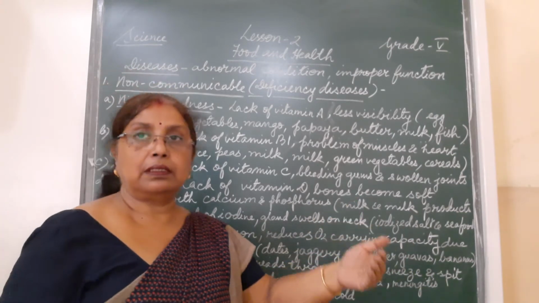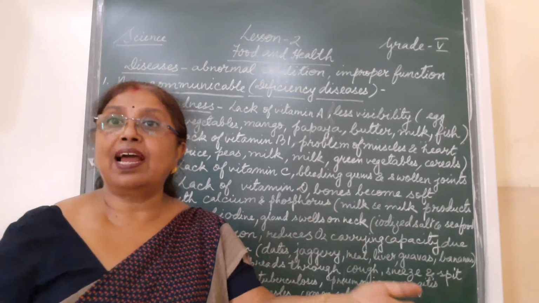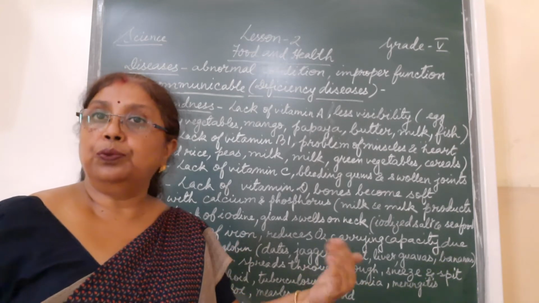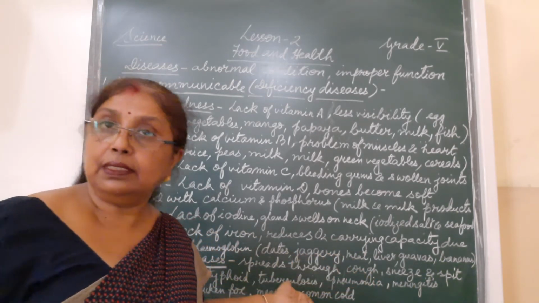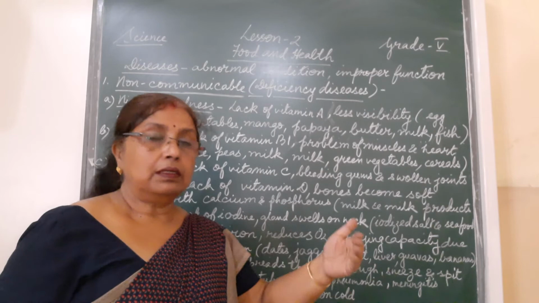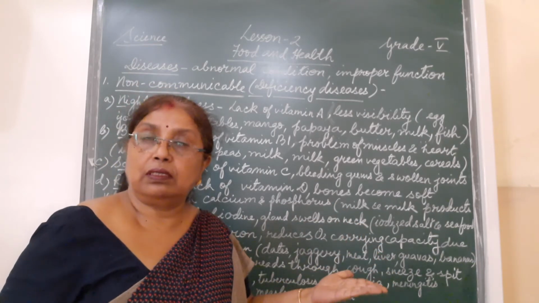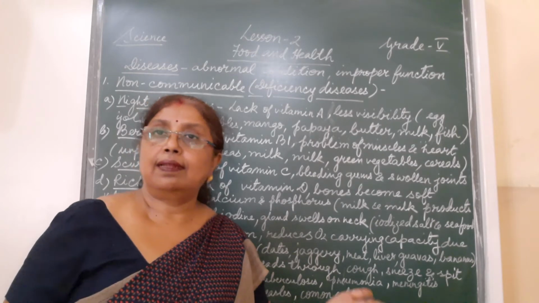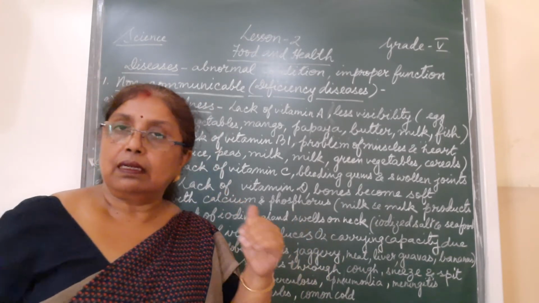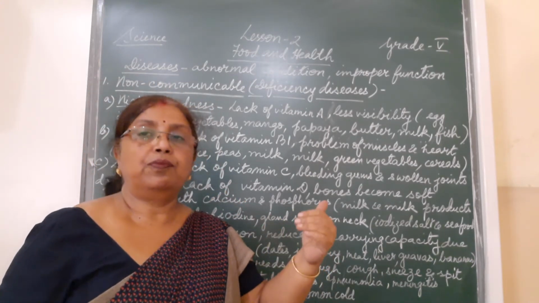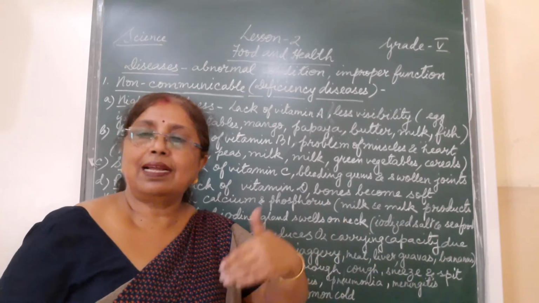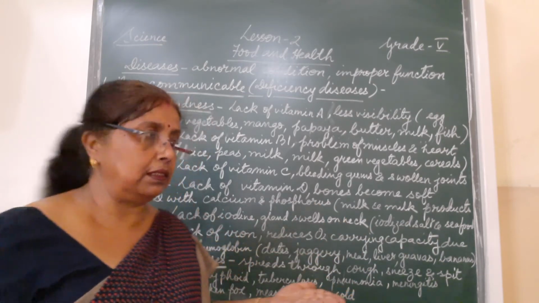So a healthy person, if he comes into contact with the person who has got these communicable diseases or touches the things which the patient has touched, then easily this disease is spread from one person to another person, and that is why this is called contagious disease.